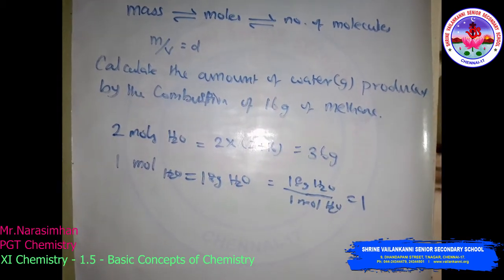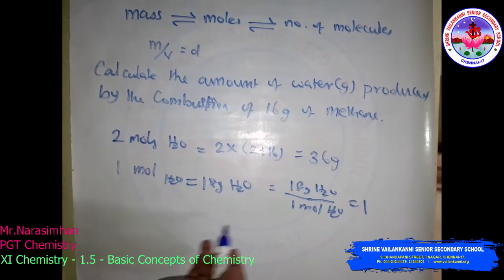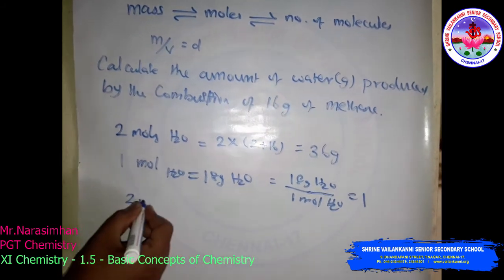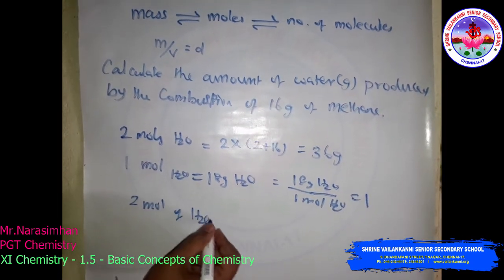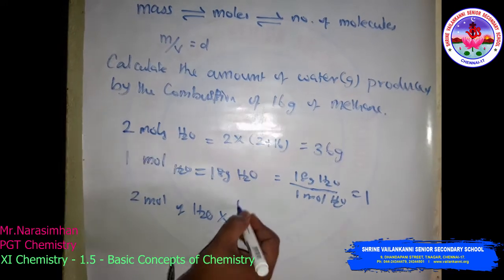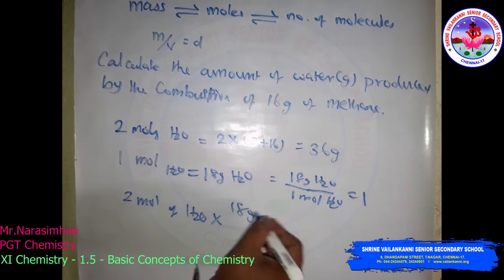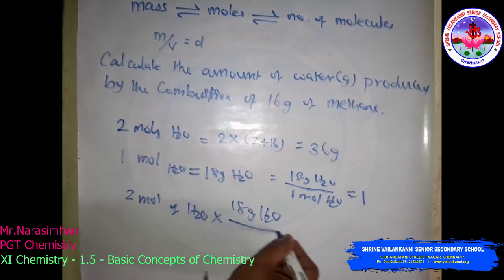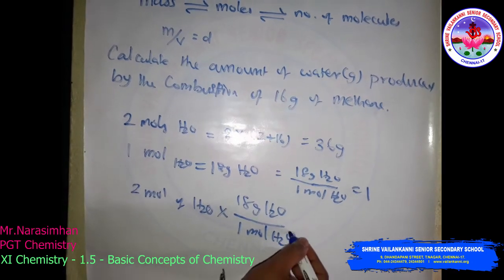Hence here the 2 moles of H2O into 18 gram of water divided by 1 mole of water.